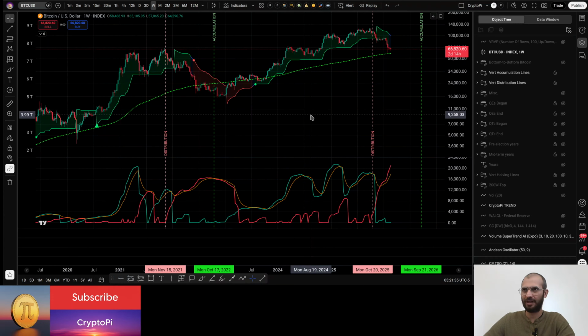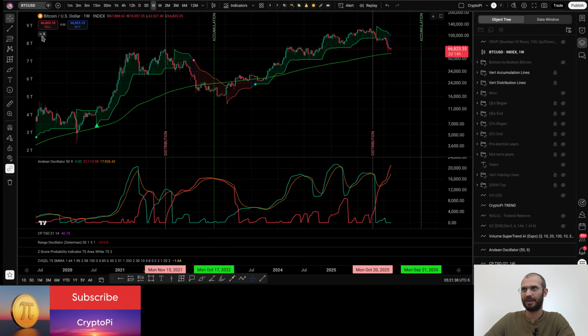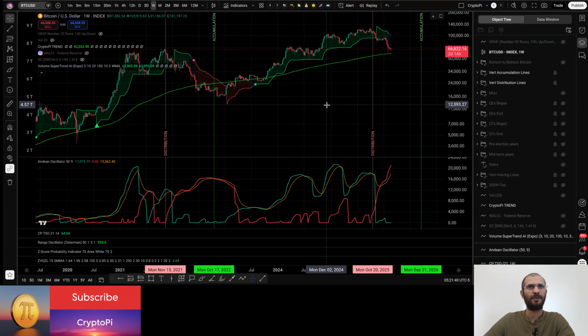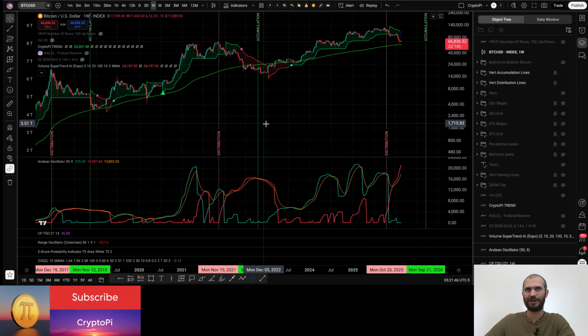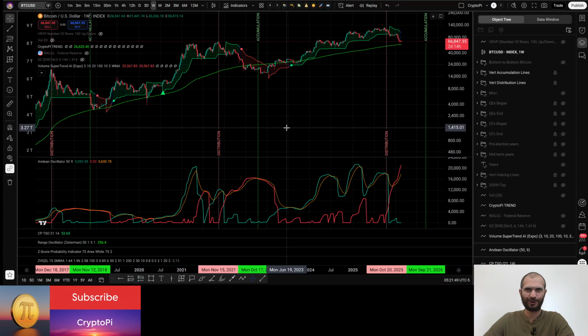So I would say keep an eye on the Indian oscillator as well as the volume supertrend. Mark these distribution lines and accumulation line on your chart. It is better to not fall into the trap of the supercycle and look at the price action, look at the technical indicators before making a decision.